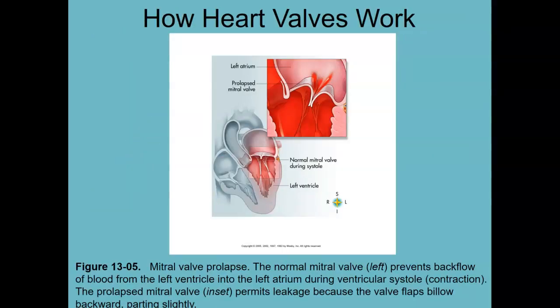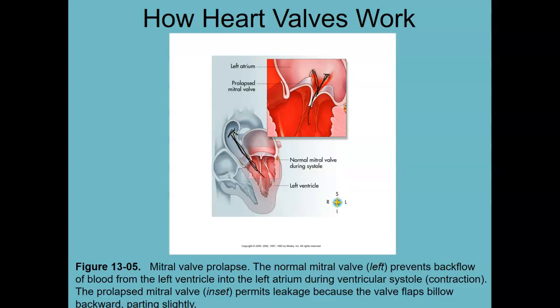So, here we go. Mitral valve prolapse happens when the mitral valve doesn't close completely, and instead of having this flat surface, it has this bent surface here, and this is the stenosis, which allows blood to come back up into the left atrium as the ventricle contracts. Blood still will go out to the aorta, okay?